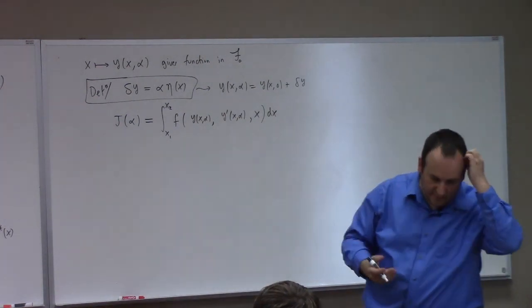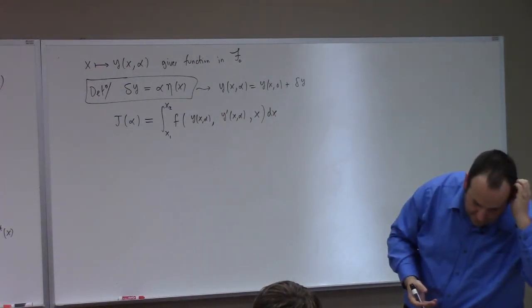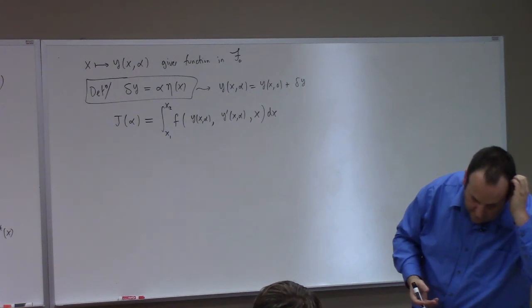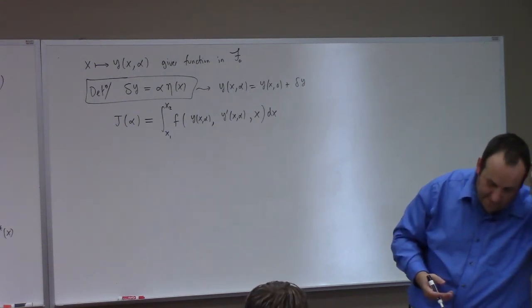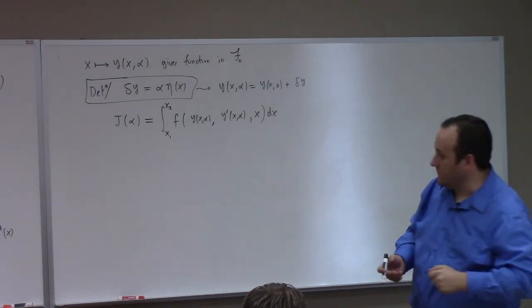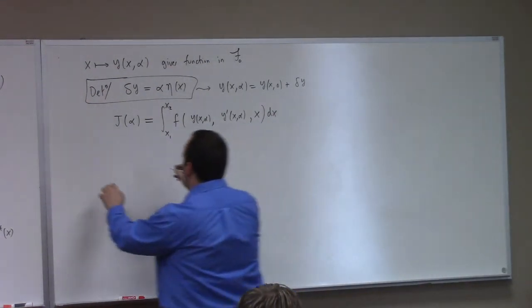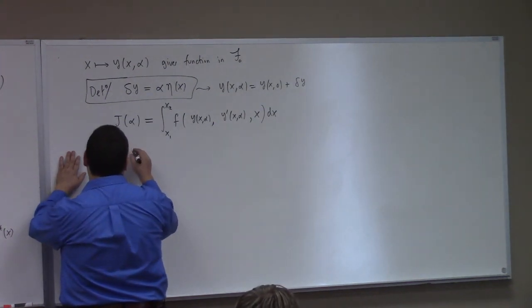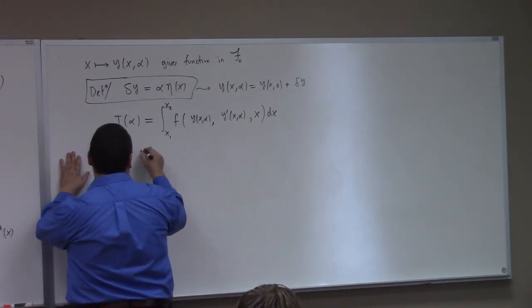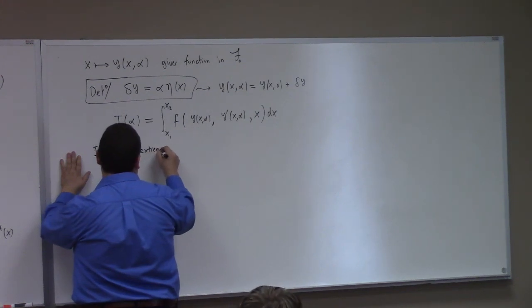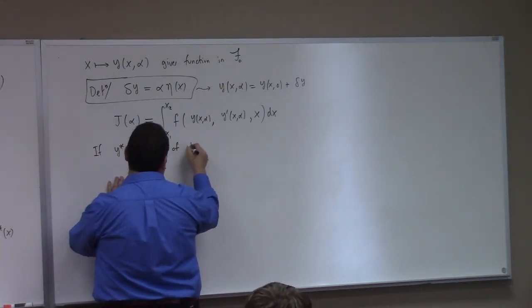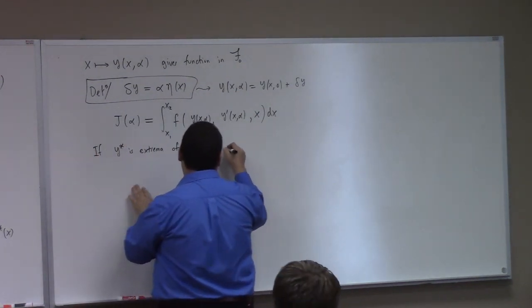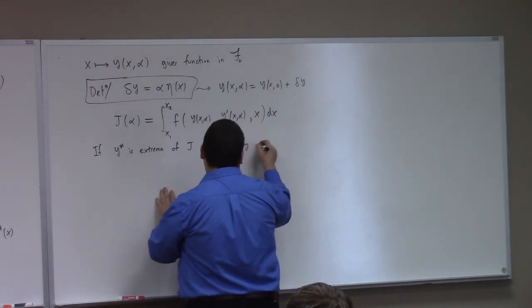So here's the thought process. Suppose then that y star of x is actually an extremum of the functional. If y star is an extremum of J, then surely we should have what?